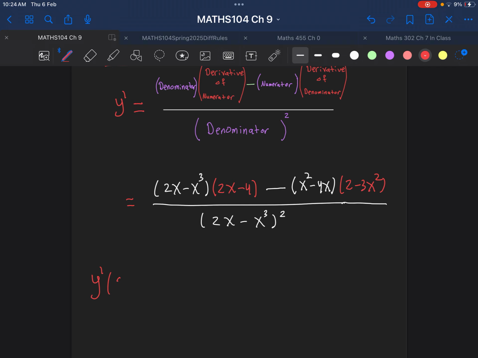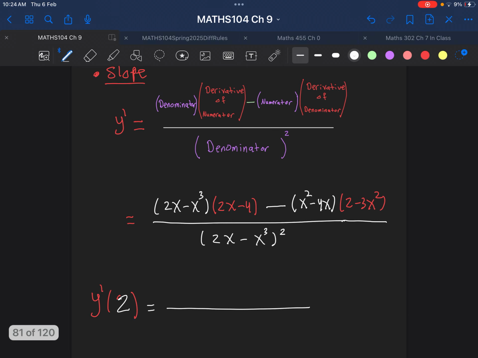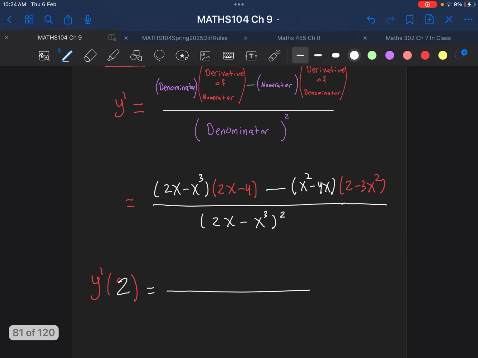Now, what we need to do is find y prime exactly at the number 2. So, have your calculator ready to find exactly at 2, what would it be?